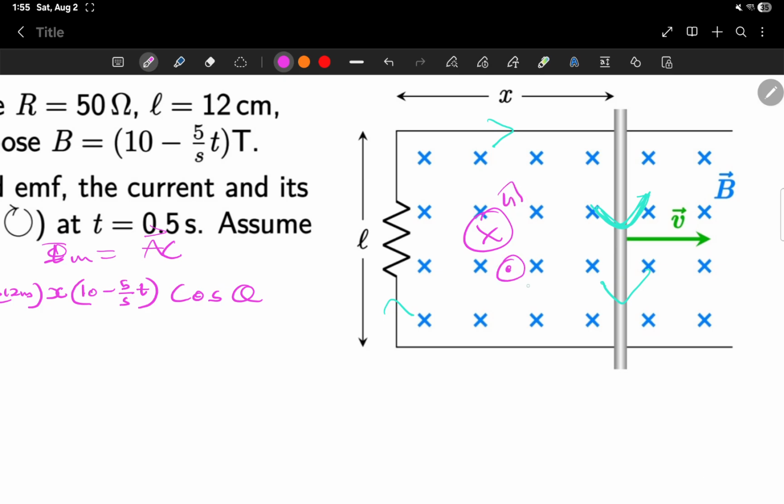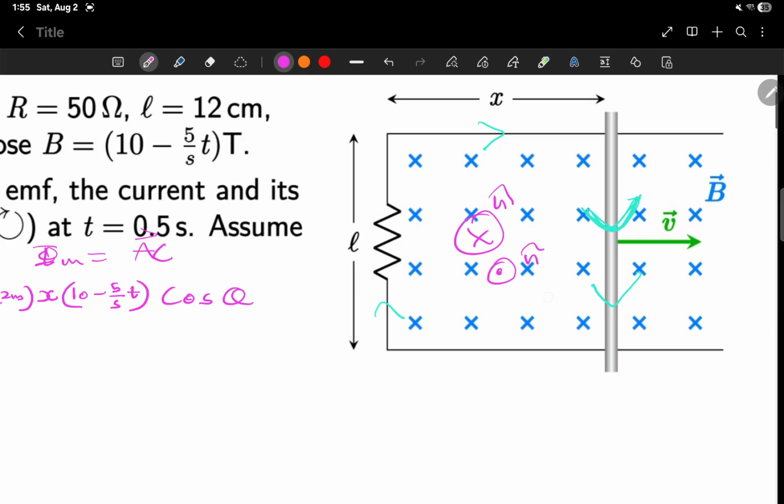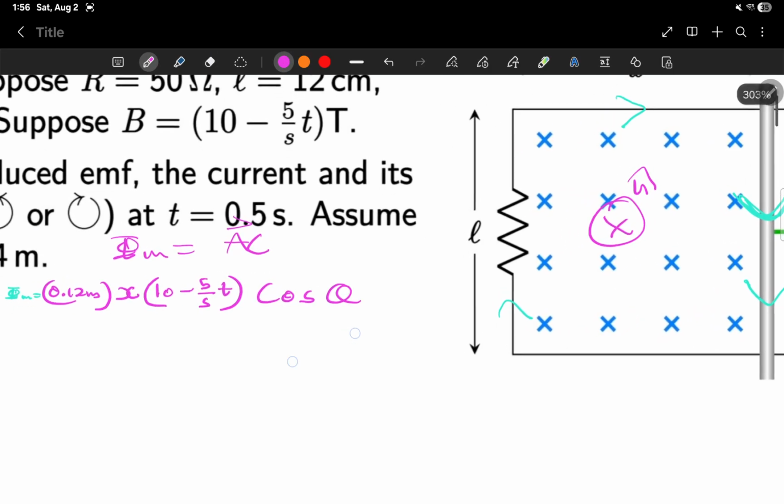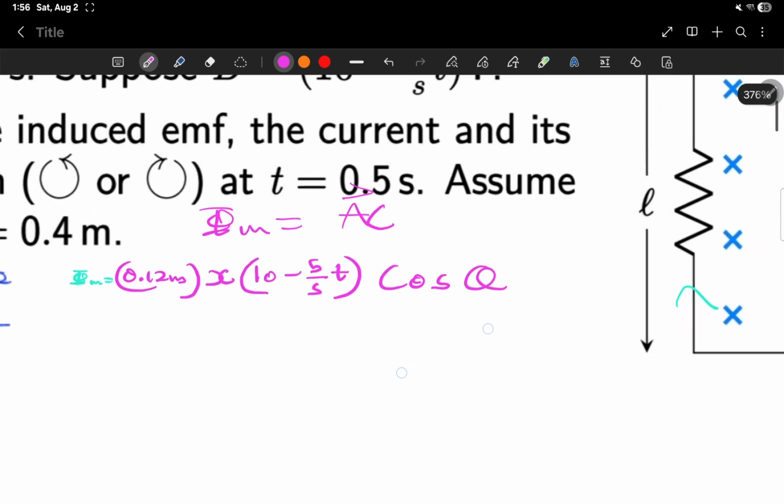You can choose whichever direction you want to point the area vector. This is another notation we use for the area vector, the normal vector. So what I'll do is I'll choose the same direction for the normal vector as the external magnetic field, so I'll say negative k-hat.